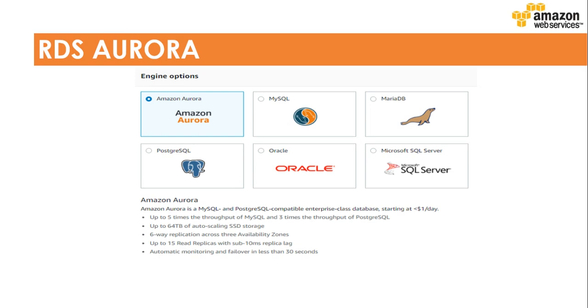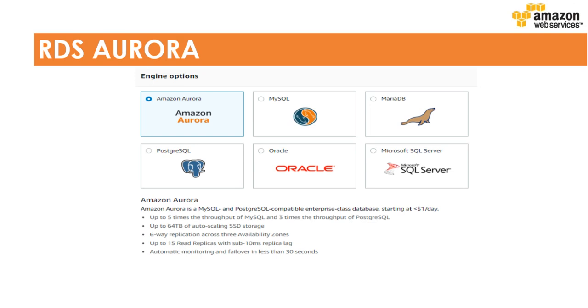Amazon Aurora is a MySQL and PostgreSQL compatible enterprise-class database starting at less than $1 per day, with up to 5 times the throughput of MySQL and 3 times the throughput of PostgreSQL, up to 64 TB of auto-scaling SSD storage, 6-way replication across 3 availability zones, up to 15 replicas with sub-10 ms replica lag, and automatic monitoring and failover in less than 30 seconds.